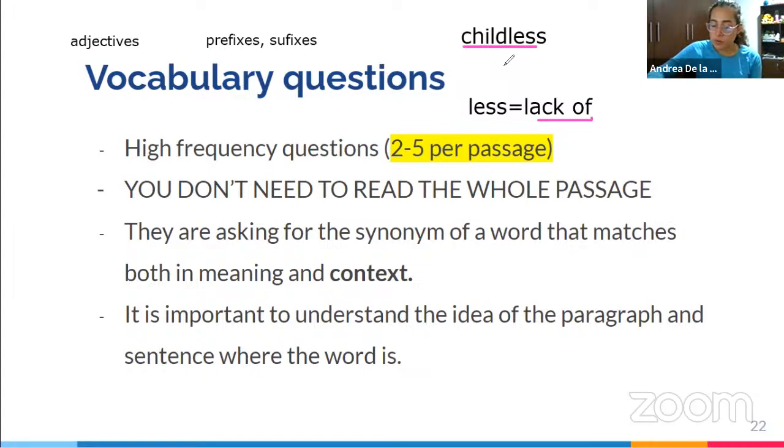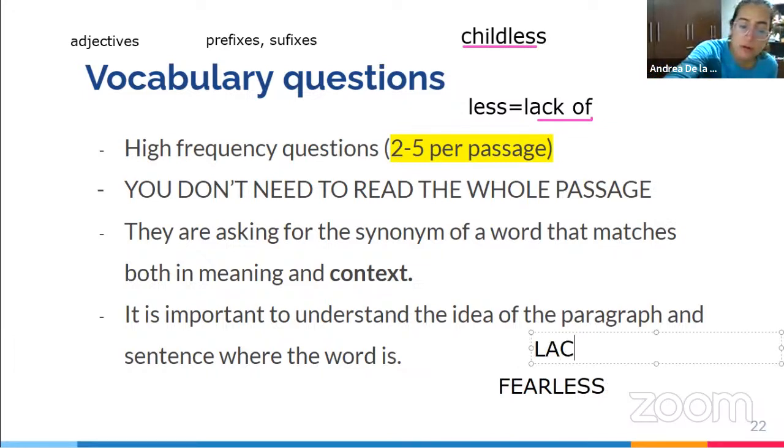For example, another one, fearless. Fear, you guys know what fear is. And if you add the suffix less, then it basically means lack of fear, right? So somebody that's fearless is somebody that's not afraid of anything.